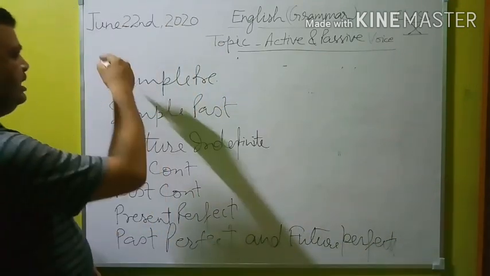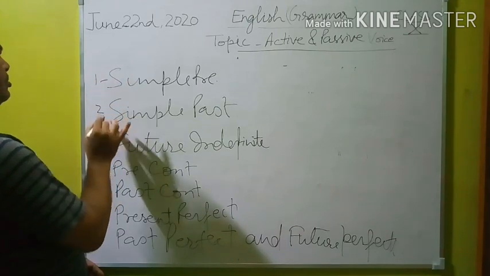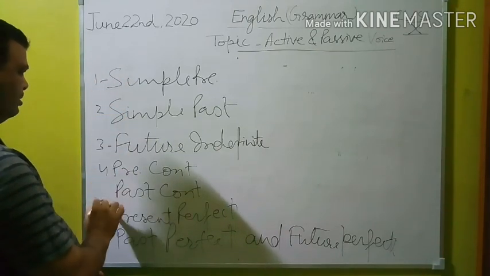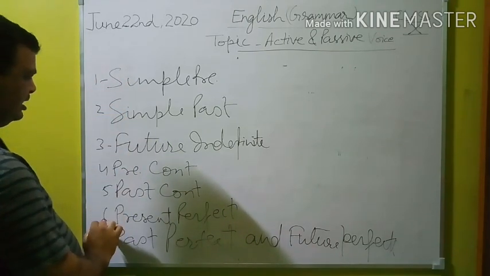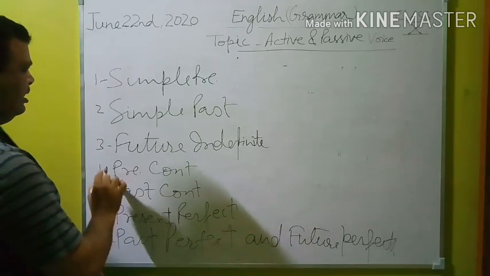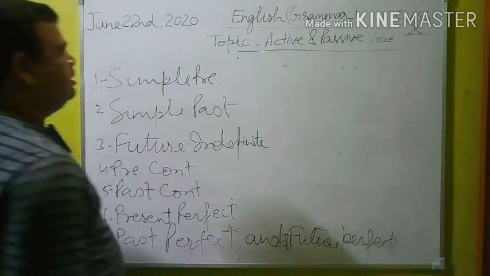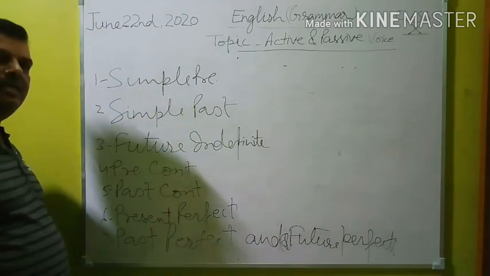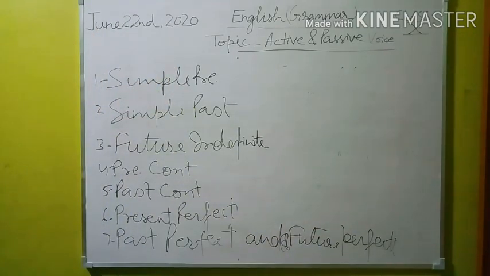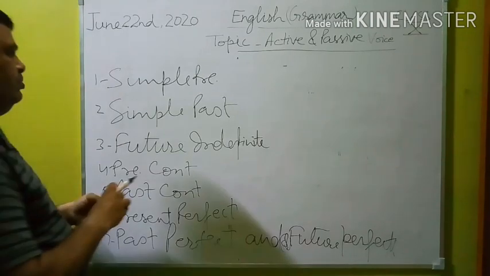These are the eight tenses: 1, 2, 3, 4, 5, 6, 7, and 8 here. So all these tenses have different verb structure in passive voice.